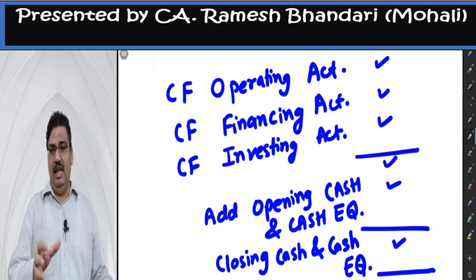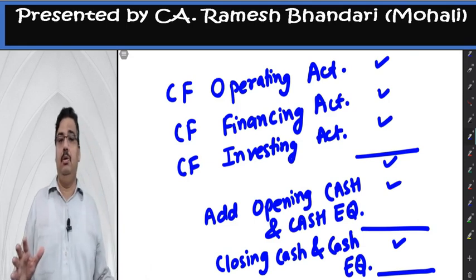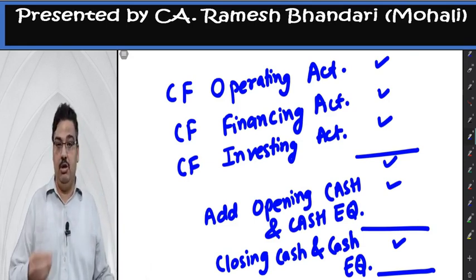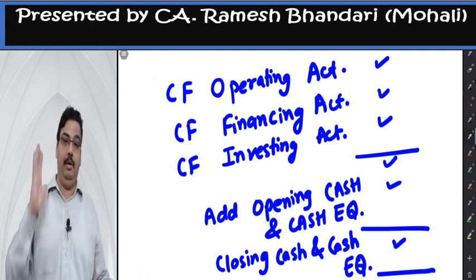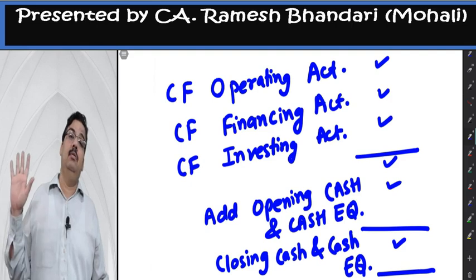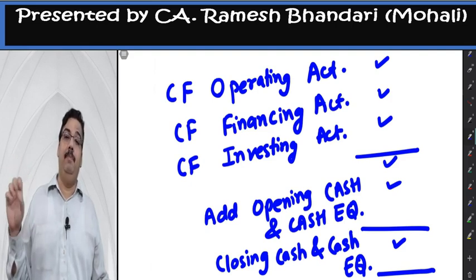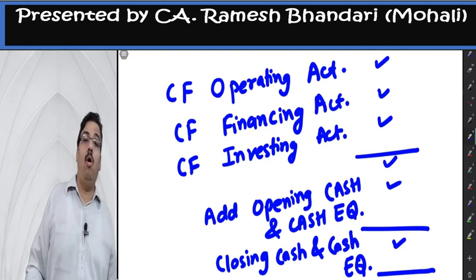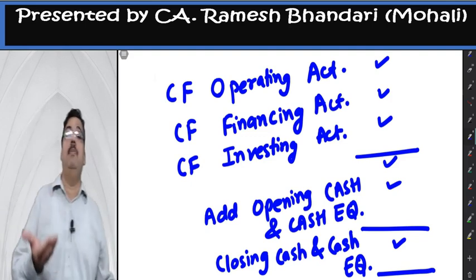Investing activity is nothing, all long-term items on asset side of the balance sheet. Purchase of property, plant, equipment, sale of any investment, building, anything, the cash which is received from there. All receipts are inflows or payments are outflows.